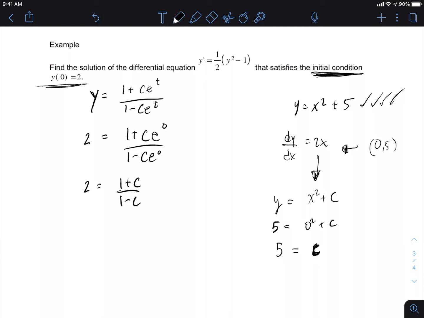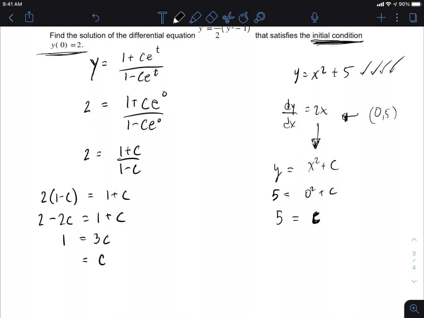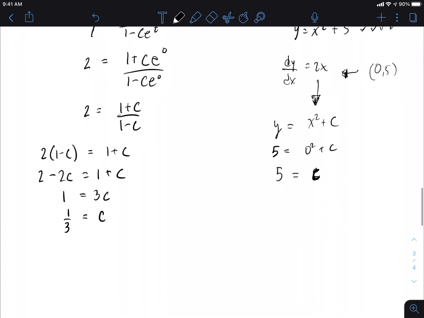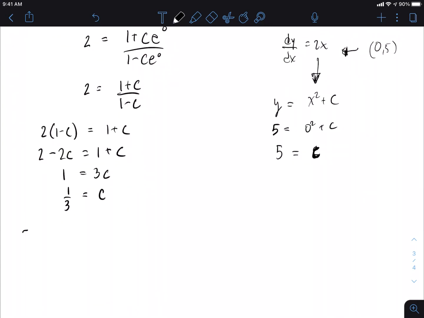So, in the example that I'm working on, now I'm going to try to solve for c. Multiplying both sides by 1 minus c, I'm going to get 2 minus 2c is equal to 1 plus c, and 1 is equal to 3c, so c in this case is 1/3. Correct? Correct.